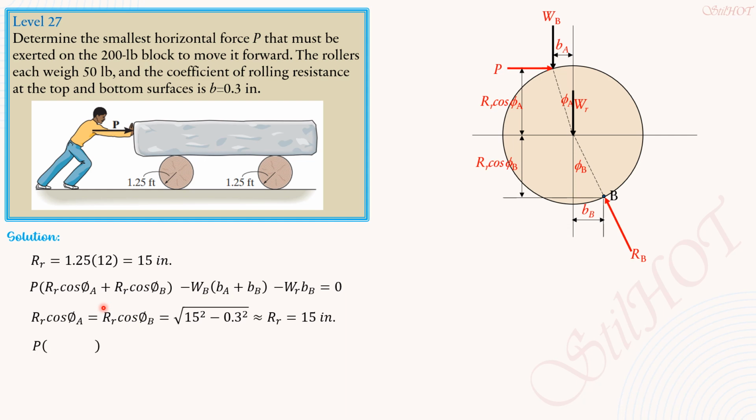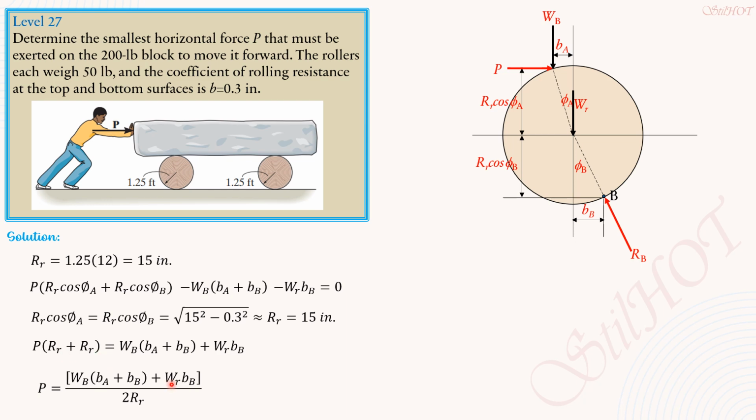So substitute in this equation P times R_R plus R_R, because cosine of φ_A times R_R is just R_R. R_R cosine of φ_B is just R_R also, after we verified it here. Then equals W_B quantity b_A plus b_B plus W_R times b_B. So P therefore is equal to W_B quantity b_A plus b_B plus W_R times b_B divided by 2 times R_R.